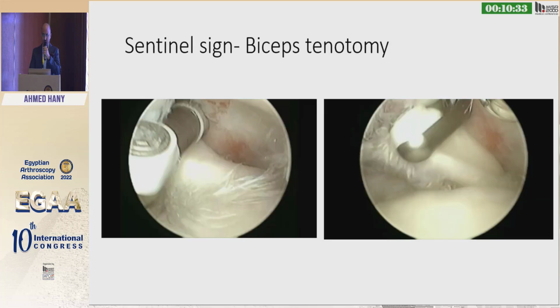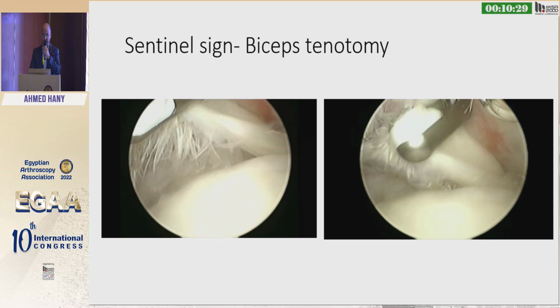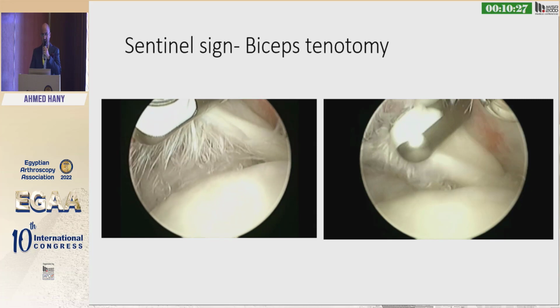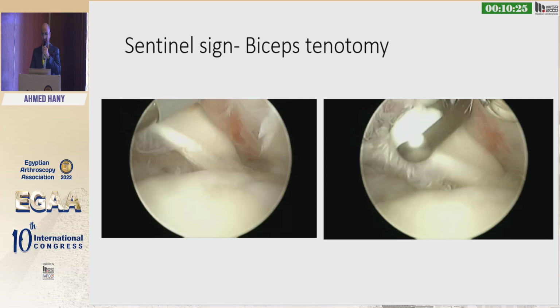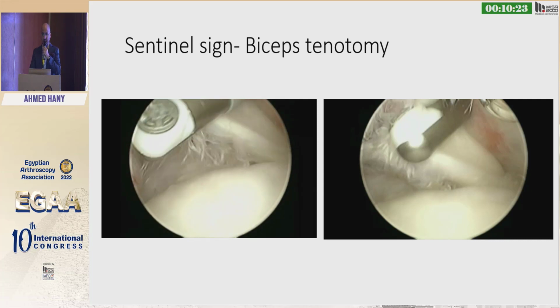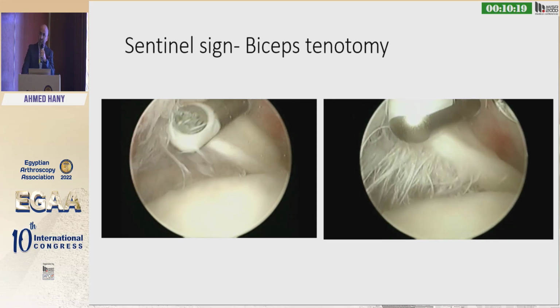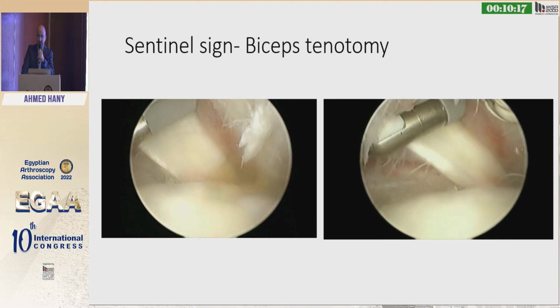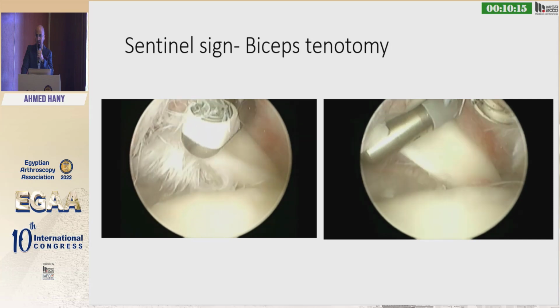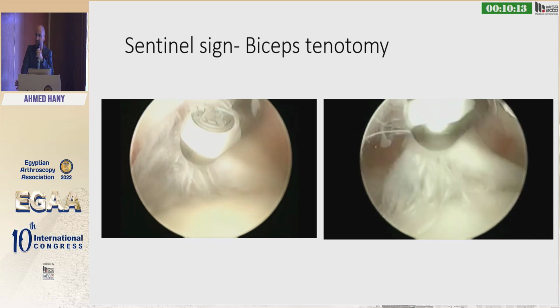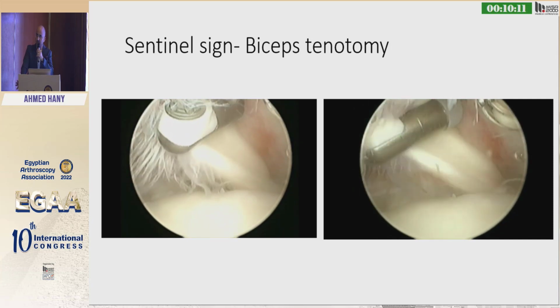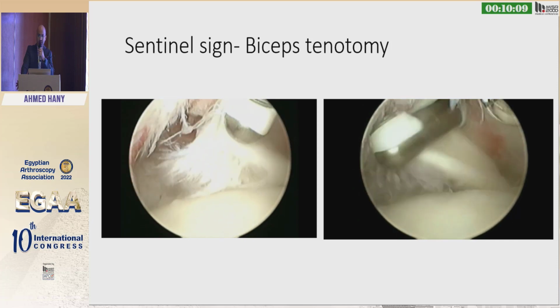If you have a sentinel sign, which is fraying on the undersurface of the biceps, you should suspect that it's rubbing against a torn subscap. I always do a subpectoral tenodesis if needed, so I tenotomize the biceps from the start. It gives me more space to clear up the rotator interval and makes my repair easier.